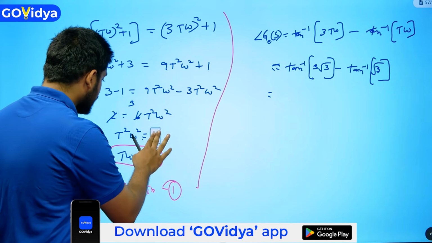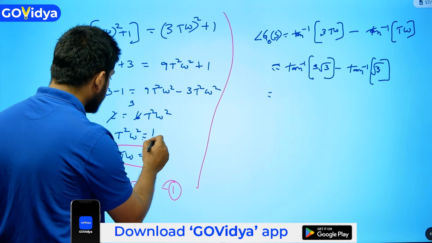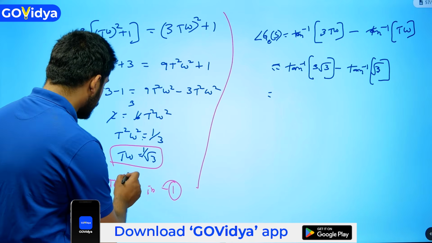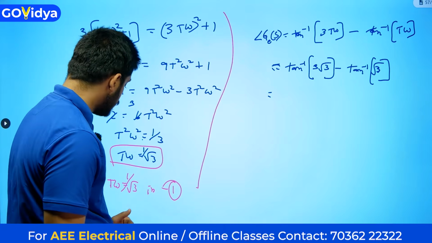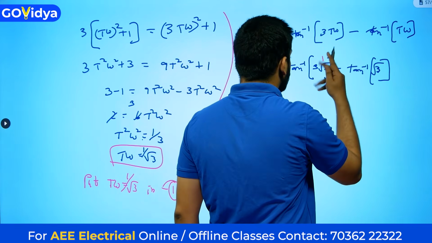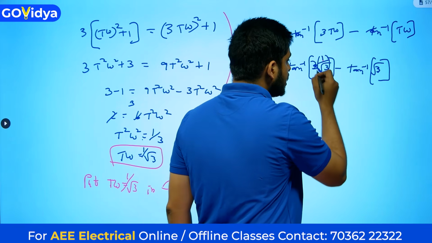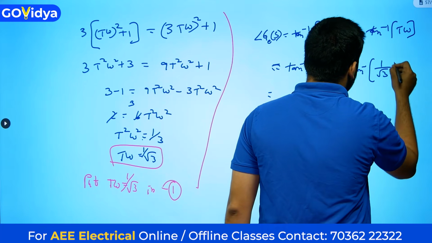So t omega equals 1 by root 3. Putting this 1 by root 3 there, we get tan inverse of 3 into 1 by root 3, which is root 3, minus tan inverse of 1 by root 3.